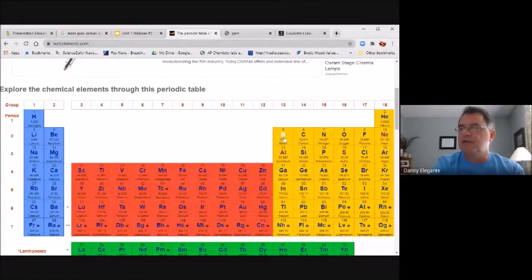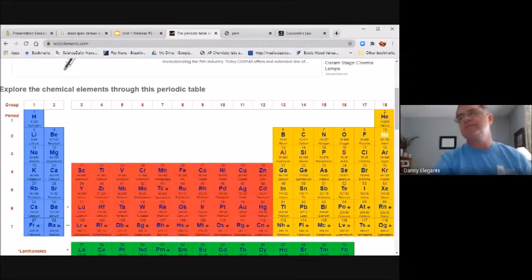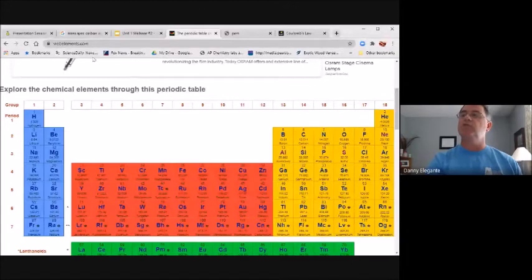And then we'd come over here to this second row, but in the yellow section, and we would say 2p, and neon would be the 6th one over. And if you add up the 2 in the 1s, and the 2 in the 2s, and the 6 in the 2p, you will get to 10 electrons, which is what we want.